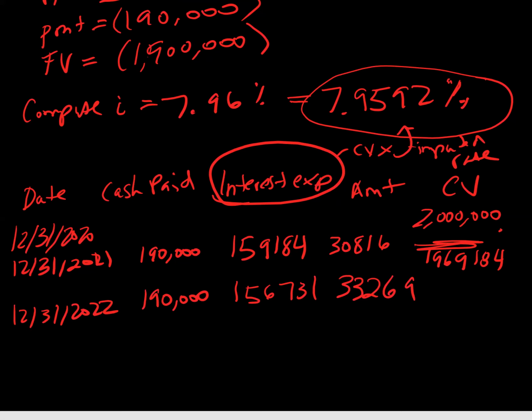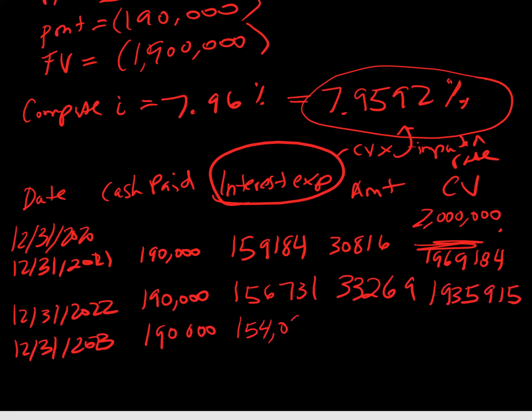And 1,969,184 minus 33,269 is going to give me 1,935,915. And then 12/31/2023, same payment, 190,000. Now I've got 1,935,915 times 7.959%, which is going to give me 154,084.